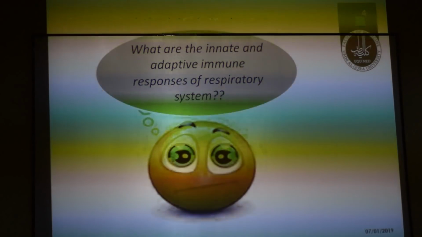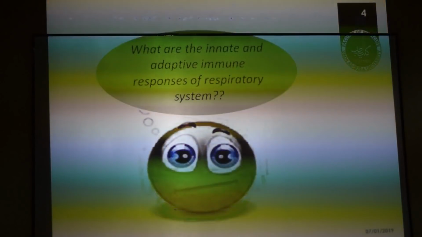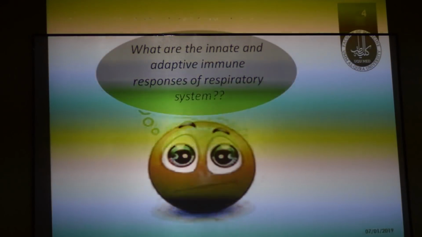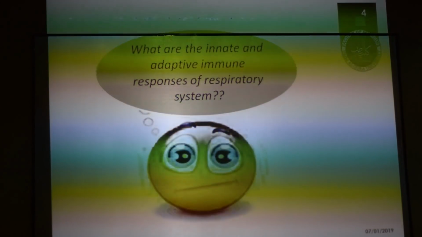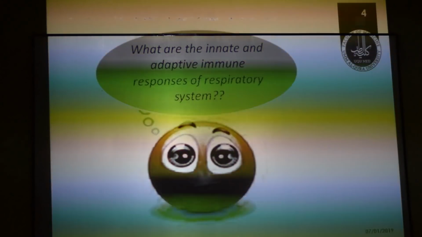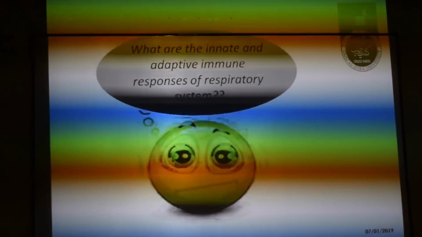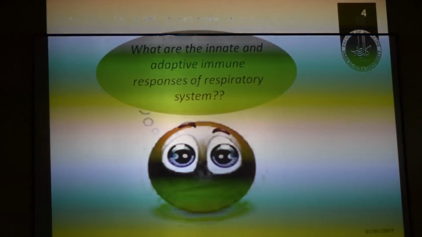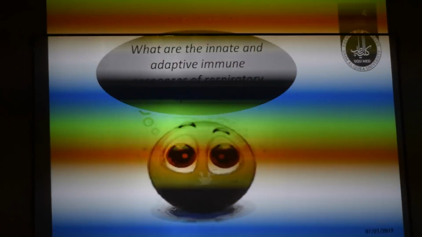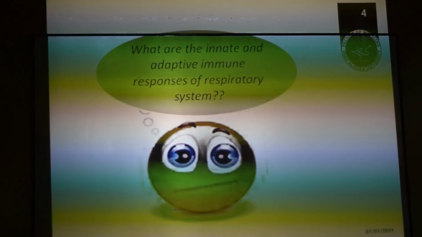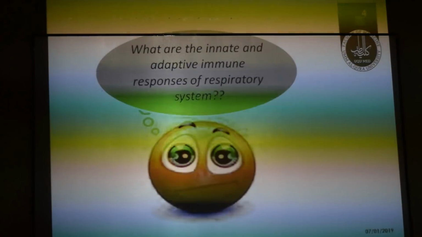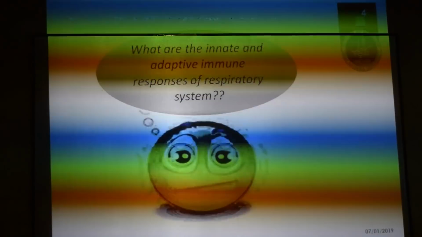Before we begin, I'd just like you to recall what the innate and adaptive immune responses of the respiratory system are. So can you share your thoughts about what possible defense components you can see in a respiratory system? Okay, so the brush-like action of the epithelium, ciliary action.